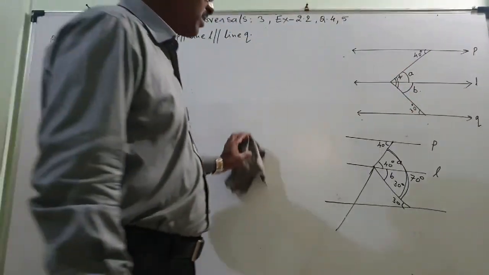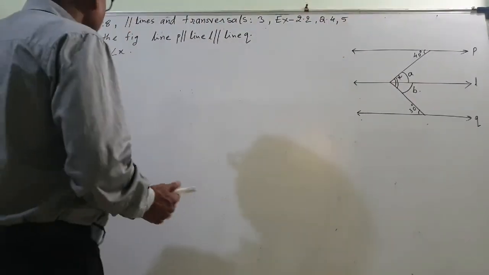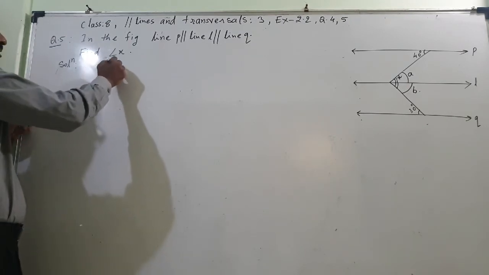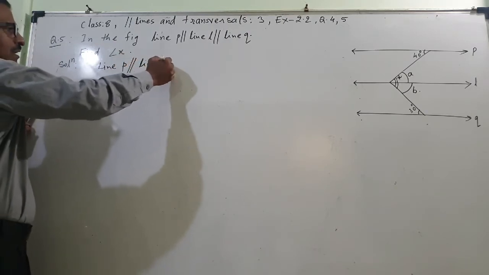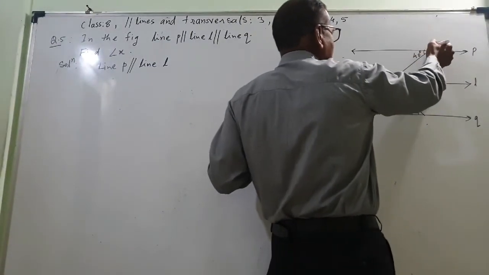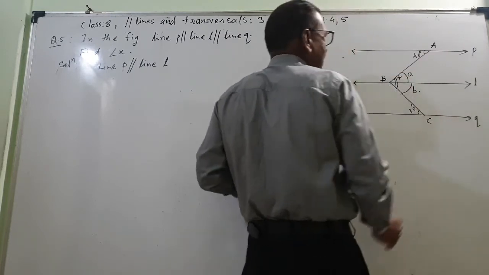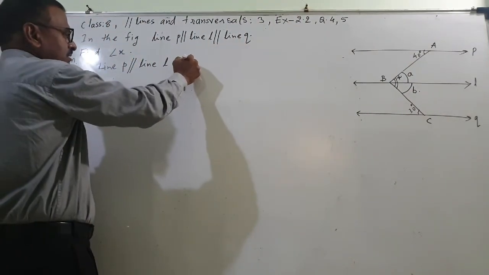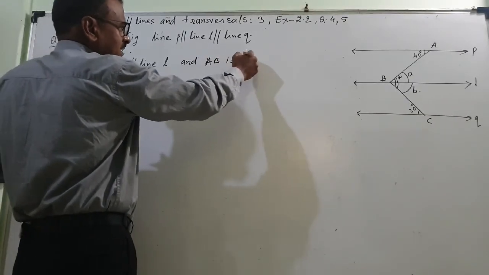But how to write it, how to solve it, that is important. Line P parallel line L. We will give the name. This is line AB. This is line BC. AB is the transversal.